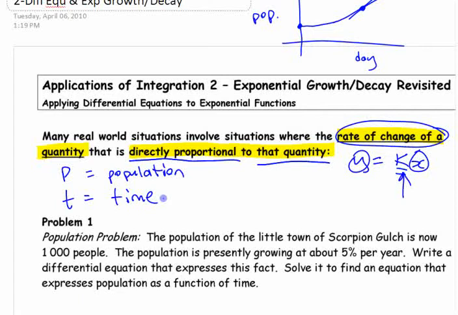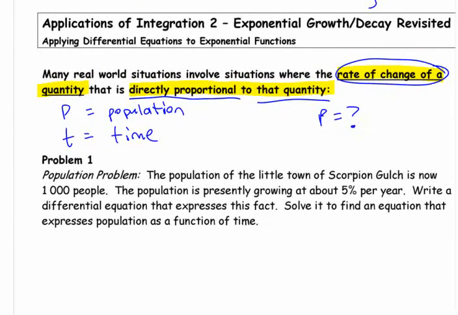If all you know about a situation is the rate of change is proportional to that quantity, we're not going to write a function right away for P, but we can write a differential equation, because we don't know something about the population itself. We know something about the rate of change. How do you write the rate of change of population as compared to time in this situation with those variables? dP/dt, right?